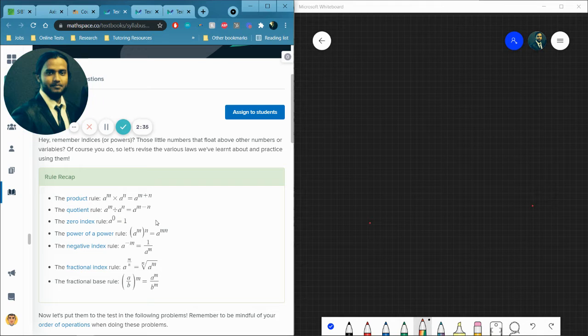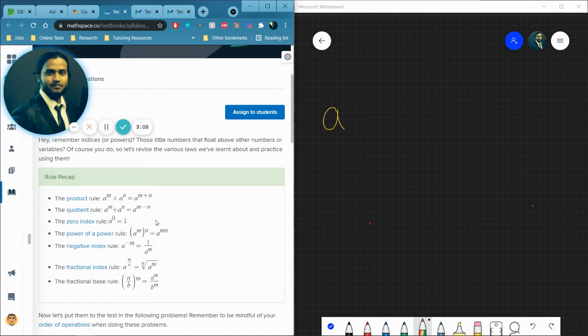Quotient rule says if you have the same base and there is a division sign between them, you can subtract the powers. Similar to multiplication, but multiplication was addition, whereas division becomes subtraction.